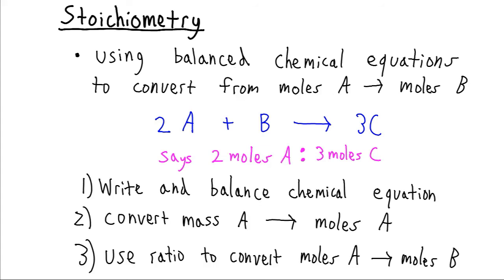And the way we do that, first we have to write and balance the chemical equation. Balancing is absolutely essential. This will be a case of garbage in, garbage out if you don't balance. You'll get a useless answer and you will have wasted all the time that you spent after step 1. Now, we don't actually have molecule counters in our laboratory.